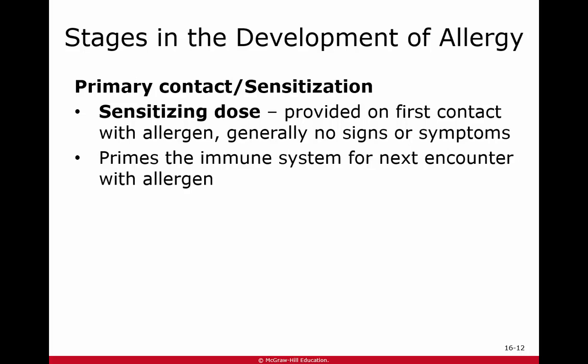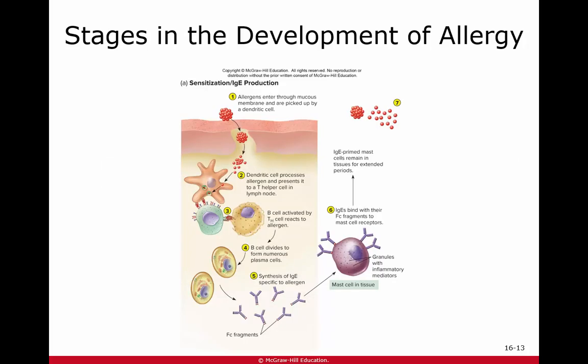The first time that you've ever been in contact with it, it is the first time your immune system has seen it, right? So it primes the immune system for the next encounter. There's actually a really good image of this in your textbook, found on page 507. Here's the allergen, whatever it is you're coming in contact with. Your body's going to take it in, whether you're ingesting it, contactant, inhalant, whatever. Your T cells and mainly B cells are going to process these, and they're going to form antibodies.